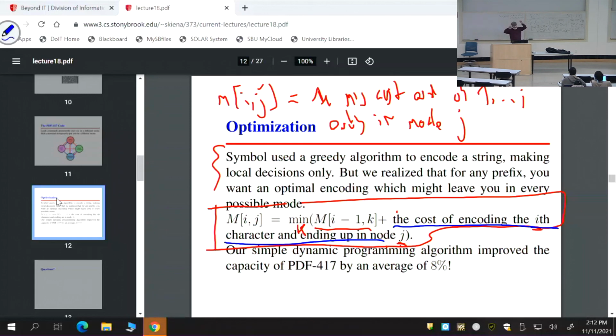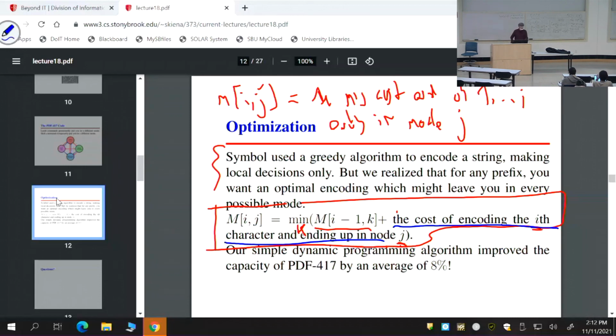If I'm in mode 1 and I want to end up in mode 3 typing it, well, either I have to type it out in mode 1 and then transfer permanently into mode 3, or I could transfer into mode 3 and then type it. Okay, if it happened, the letter happened to also be there. My claim is the problem reduces to this dynamic program. Any questions? It's like a shortest path kind of a problem.